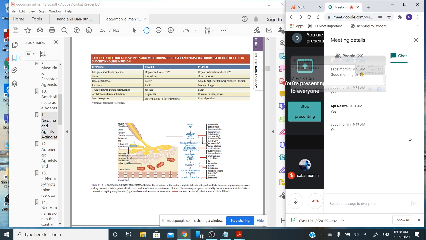So what is the job of the motor neuron? We call it the motor end plate, which is the end part of the motor neuron. The motor neuron immediately releases acetylcholine. Acetylcholine will cause contraction of some muscles, and at other places the acetylcholine release will be decreased because the impulses going to that area will be stopped.